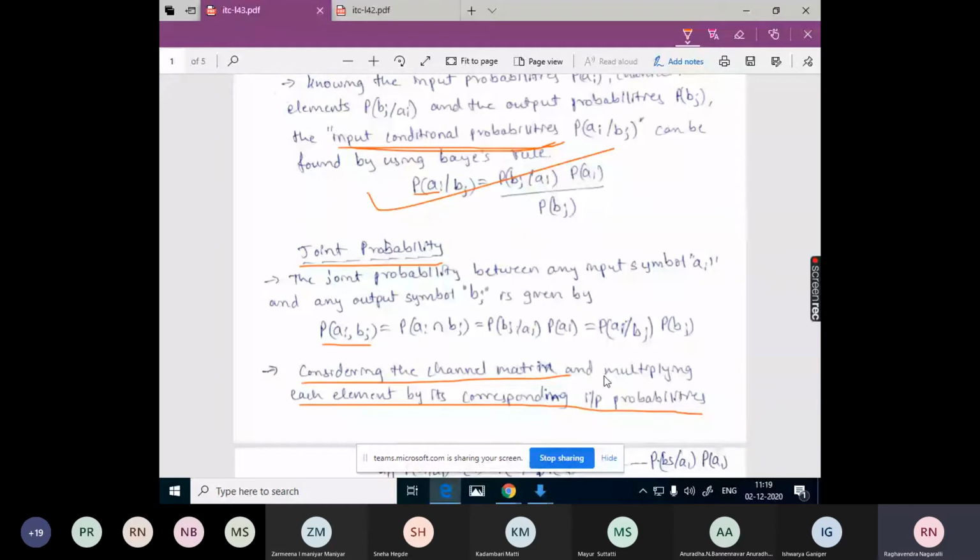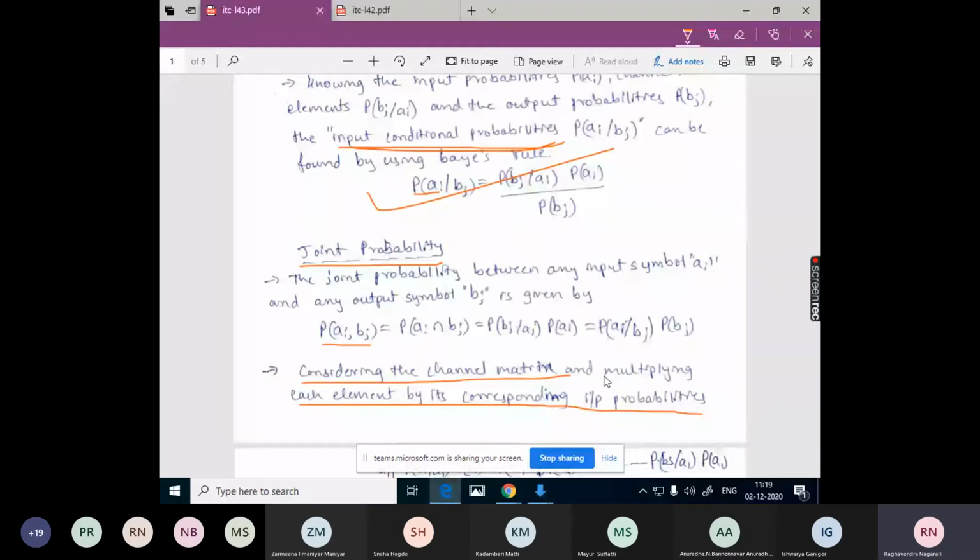Addition of all these probabilities column wise. Let me show it once again. Addition of all these probabilities in the JPM column wise will give you the probability of the output symbol.